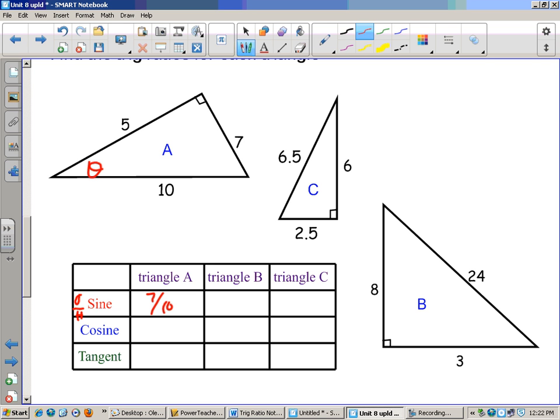So A stands for adjacent. Adjacent over hypotenuse. So in this case, the adjacent would be 5, and the hypotenuse? 10. Good. And tangent, Ria? First of all, what's the ratio? Good. And the tangent would be? Right. Good.